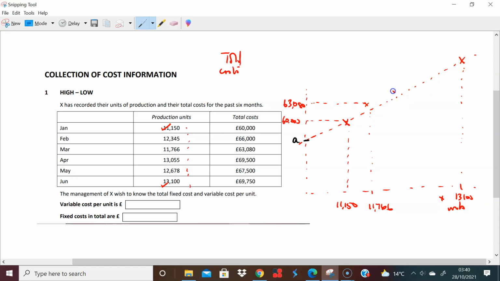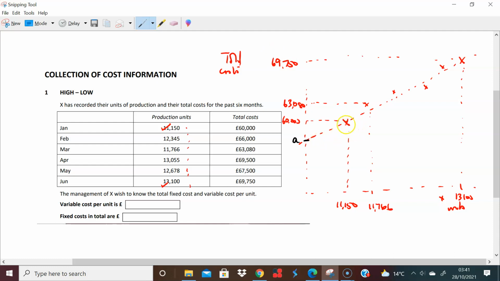But then, what will most likely happen is that all the other points and coordinates will lie around that trend, right? So these are the other actual points lying around that trend. So you have 13,100 there, and that 13,100 corresponds to a cost of 69,750.